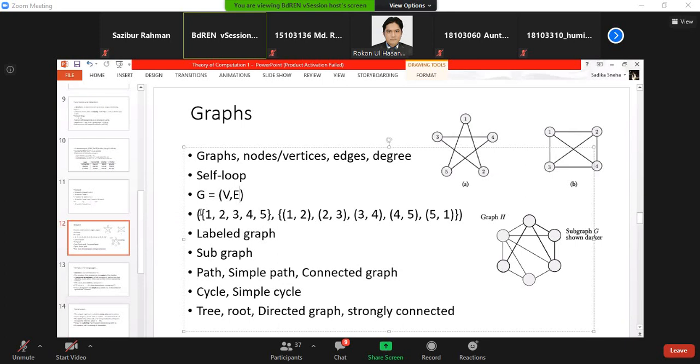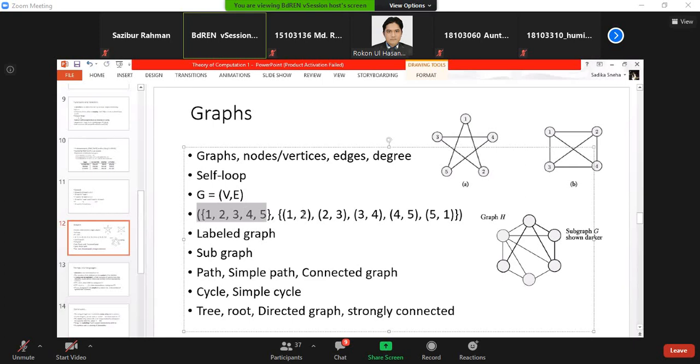You can see here that G is the graph with the vertices 1, 2, 3, 4, 5 for graph A. How can we represent the edges?